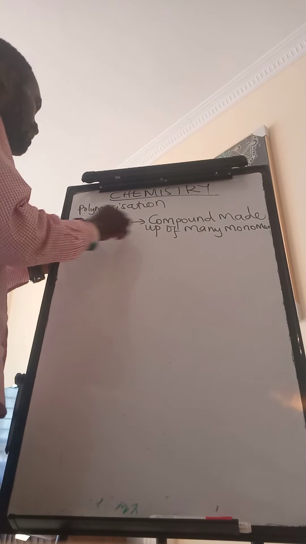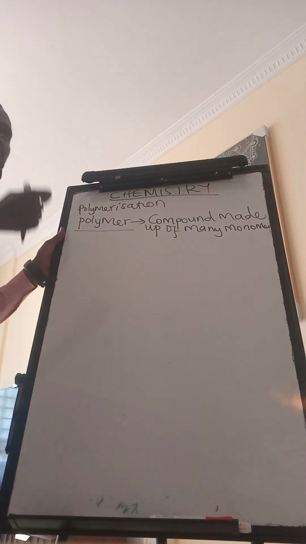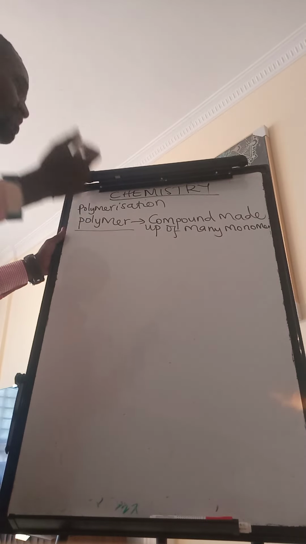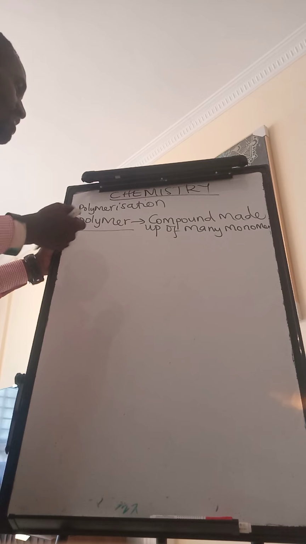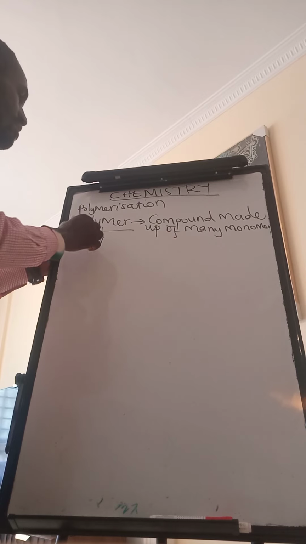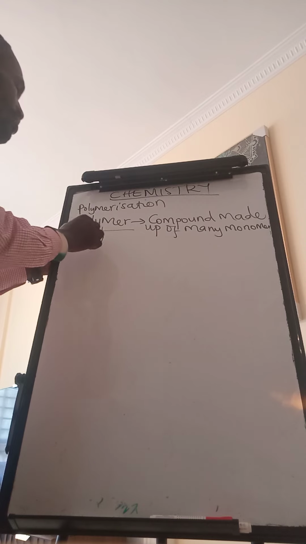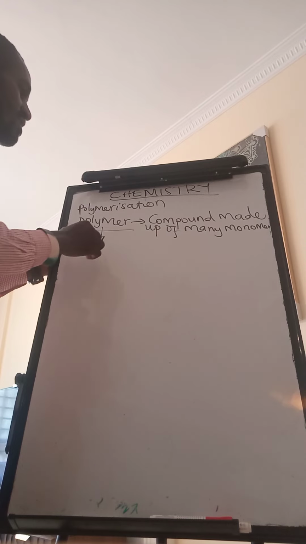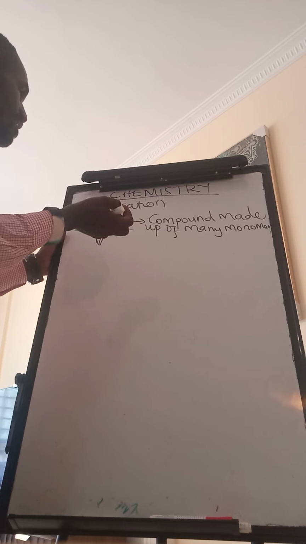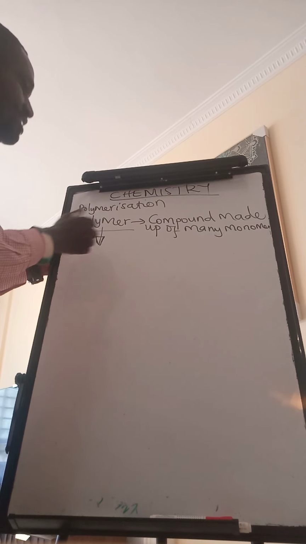So a polymer does not have an exact number of monomers. Several polymers are made of a good number of monomers that become specific depending on how many have been used.